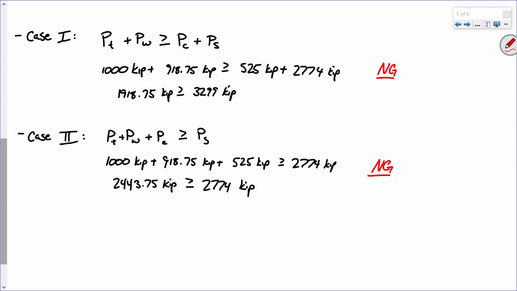If case 1 is not true and case 2 is not true, what does that mean? We're in case 3, okay? So case 3 governs.